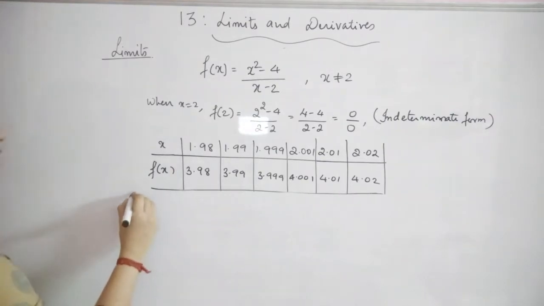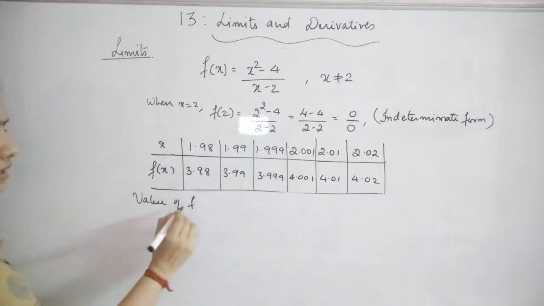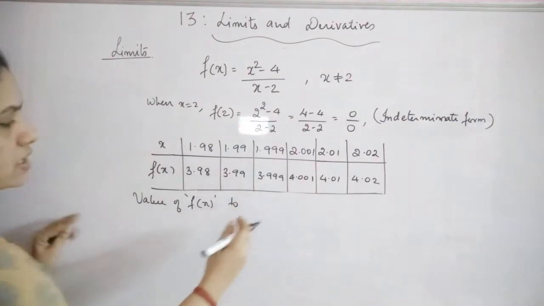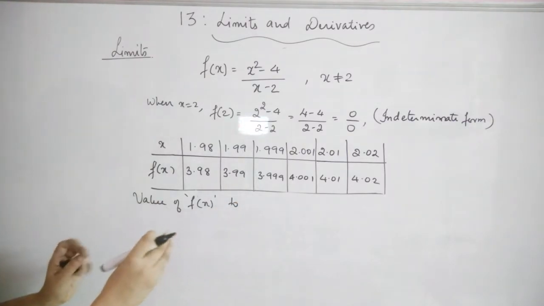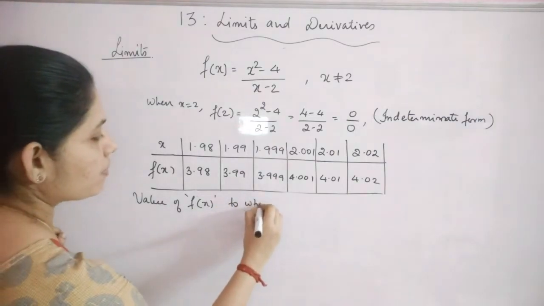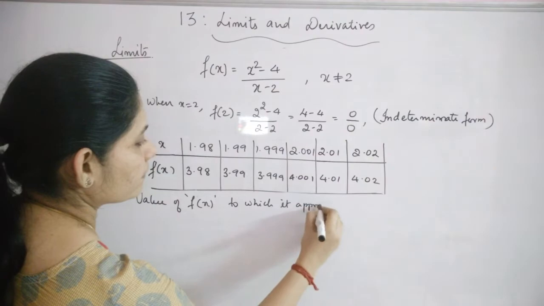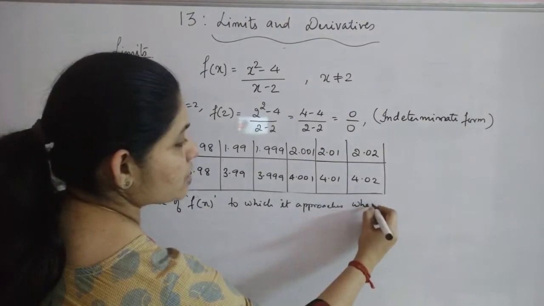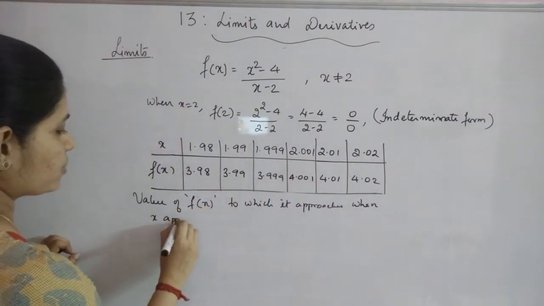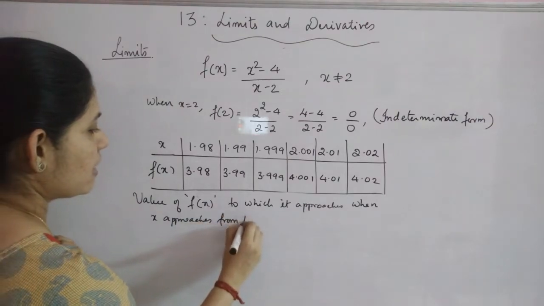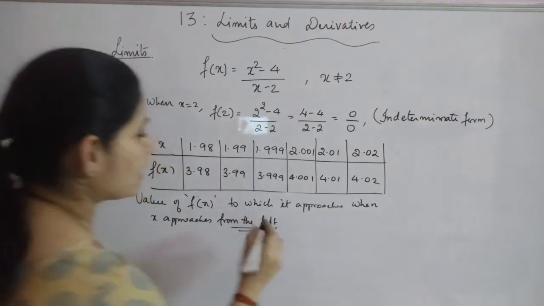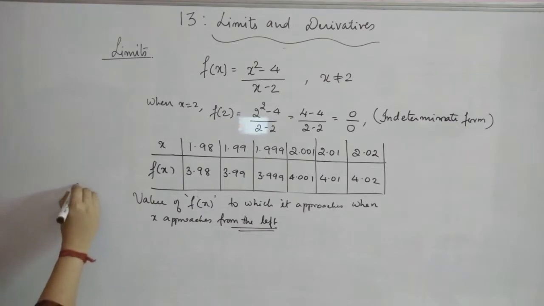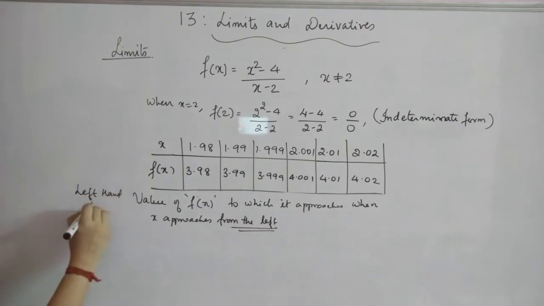Okay. So the value of the function f of x to which it approaches, that is the value of the function to which it approaches means where it is reaching, when x approaches from the left, that value of the function is called the left hand limit.